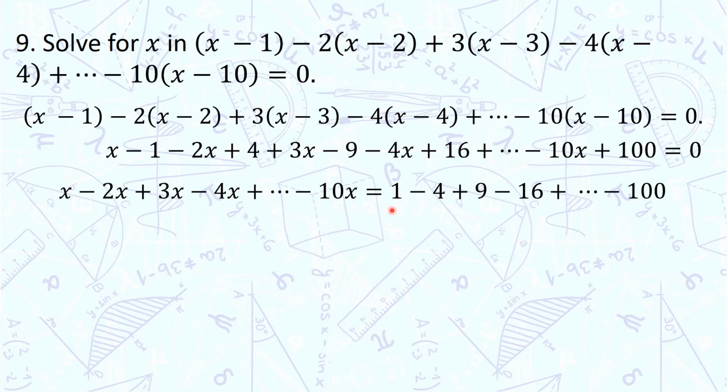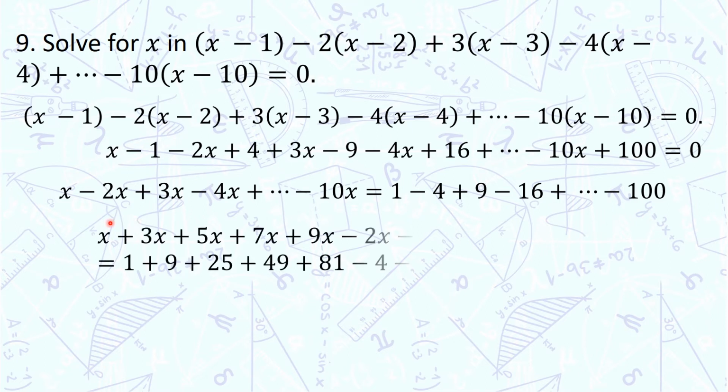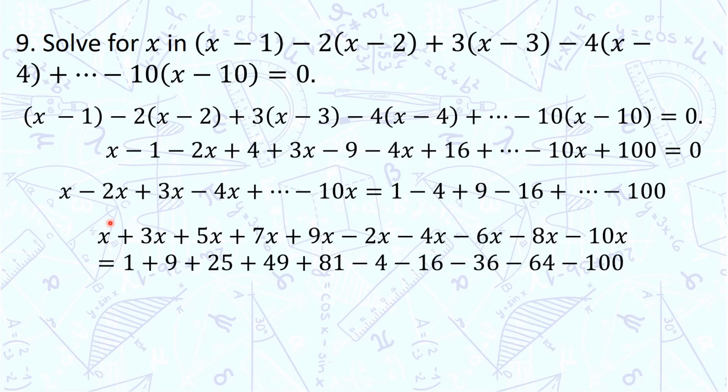And then on the other side, we'll have 1 minus 4 plus 9 minus 16 until minus 100. Getting the sum, we will have on the left side 25x minus 30x.